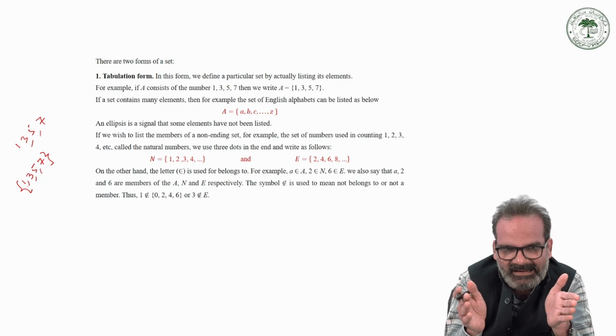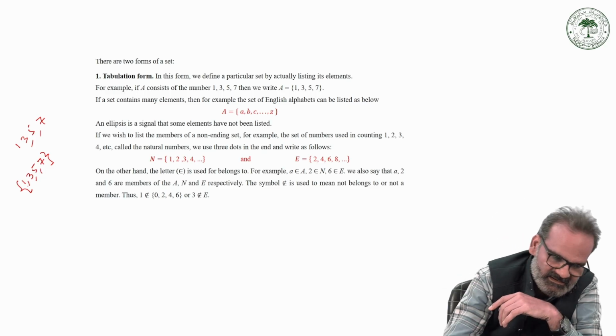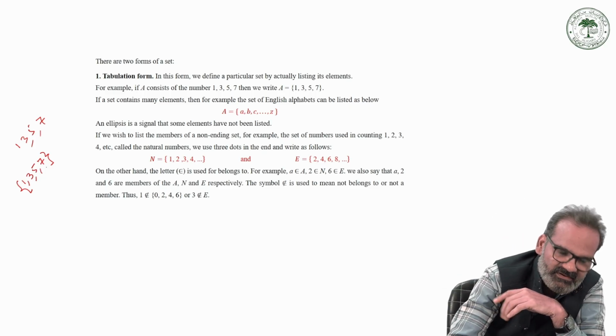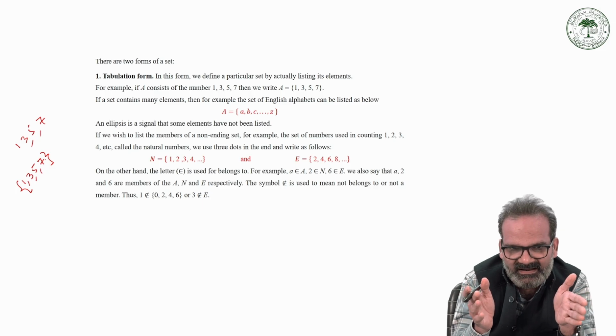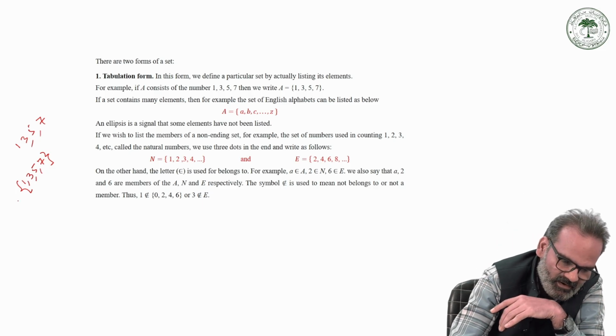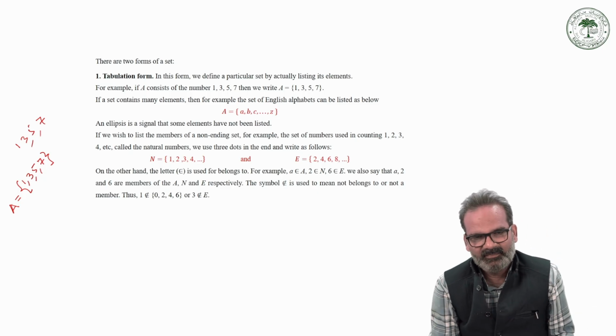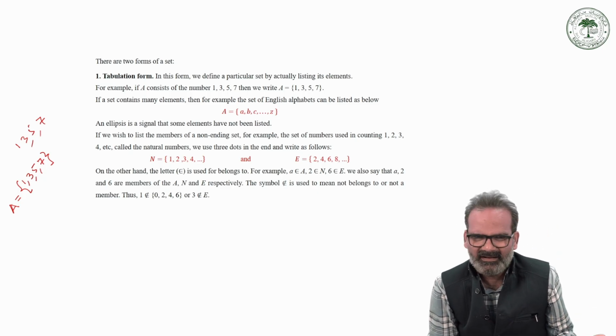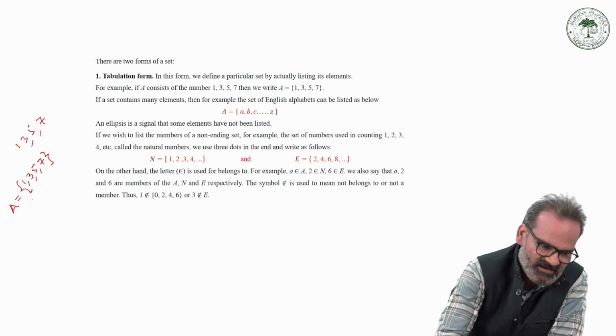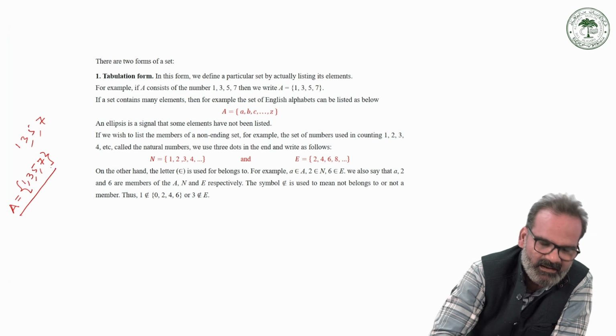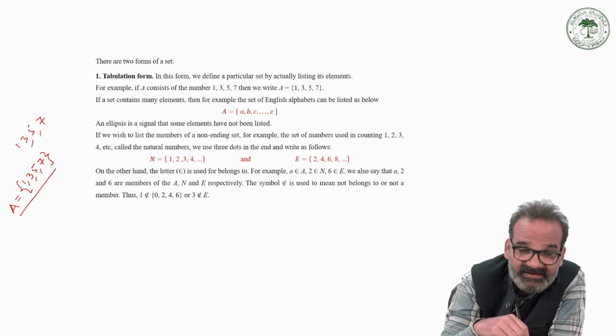Enclose all the elements within a bracket like this. So 1, 3, 5, 7 is now a set. Now this as a whole is represented by any capital letter, A or P or X, it's your choice. So this is how we write in tabulation form.